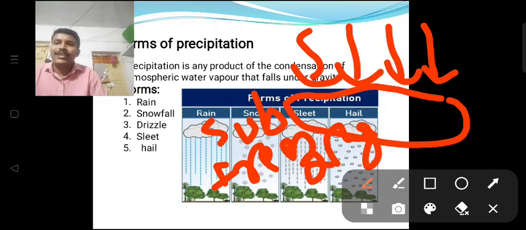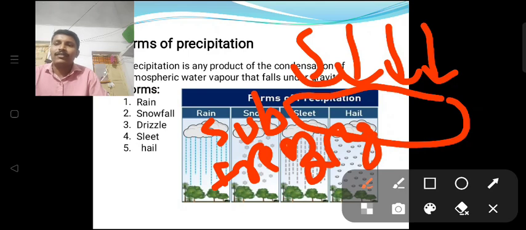It converts into ice crystals. The combination of the ice crystals is called sleet rainfall or sleet precipitation. Here the size of the ice crystals is 1 mm to 5 mm.